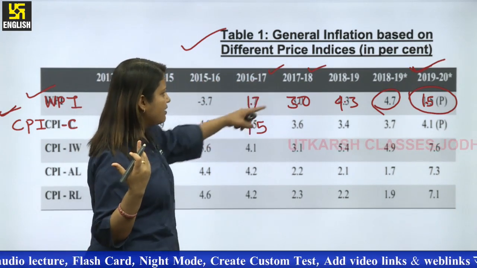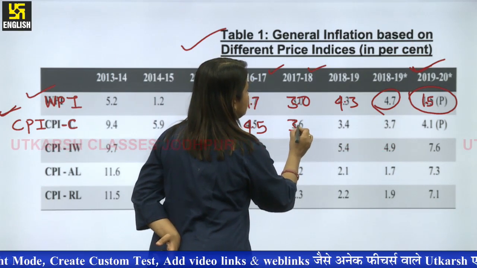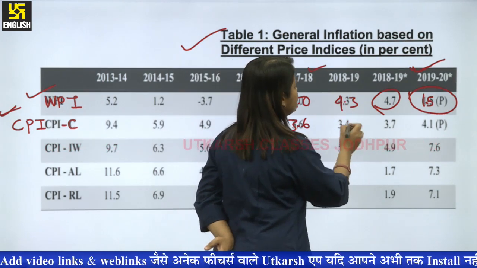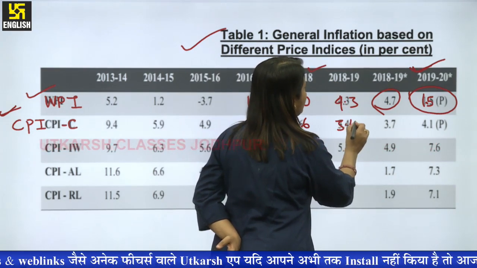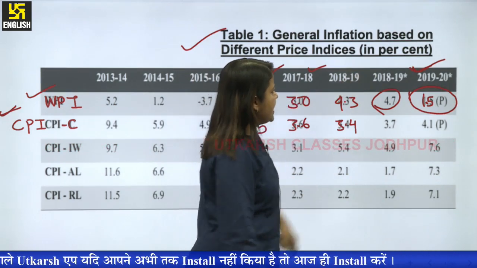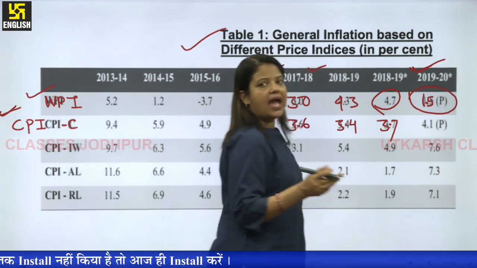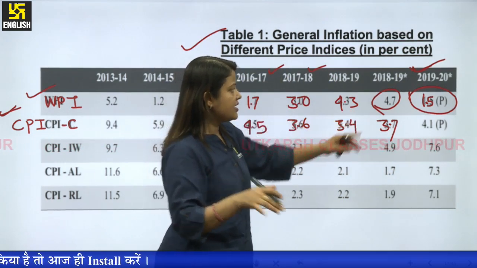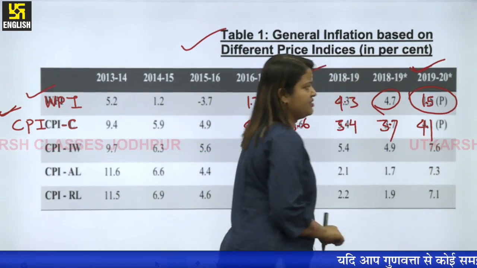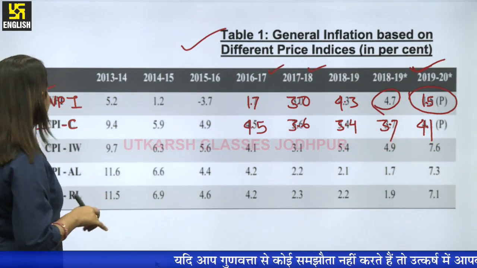After that it decreased to 3.6% in 17-18, and then to 3.4% in 18-19. But after that it increased to 3.7%, and when we see the recent data, it increased to 4.1%, which is very much higher than the WPI indexes.